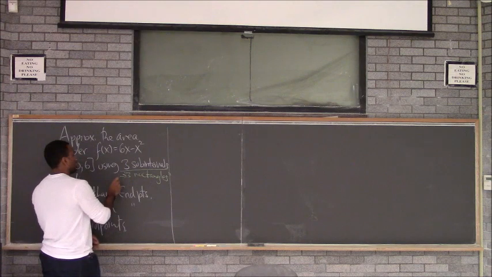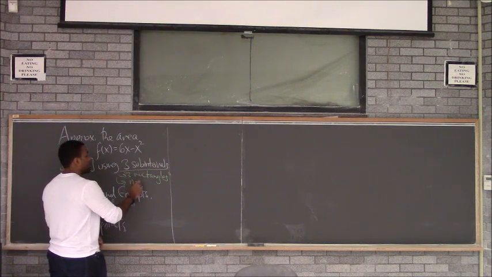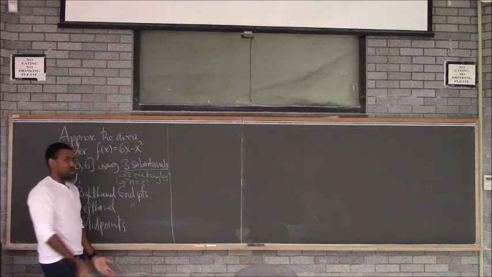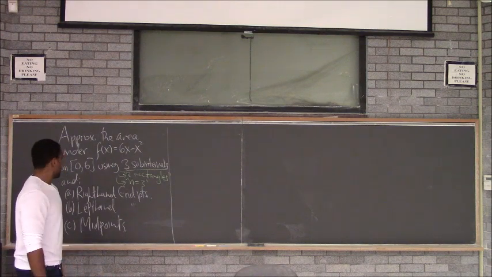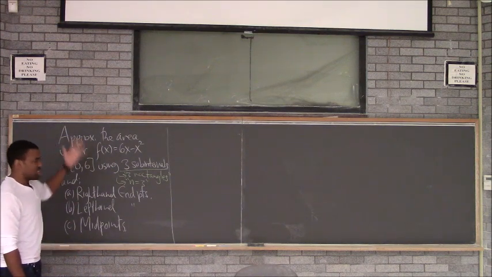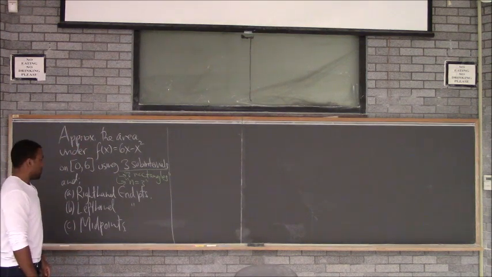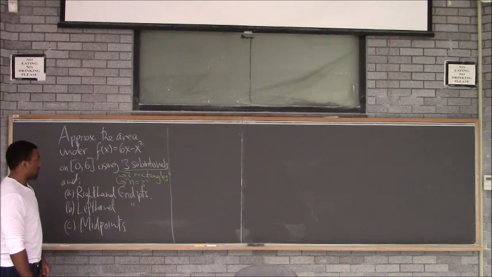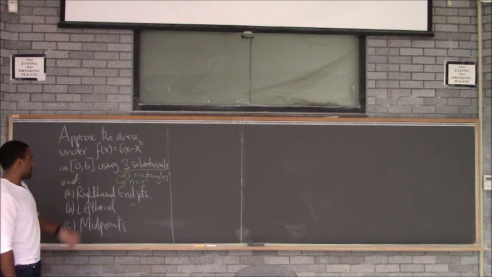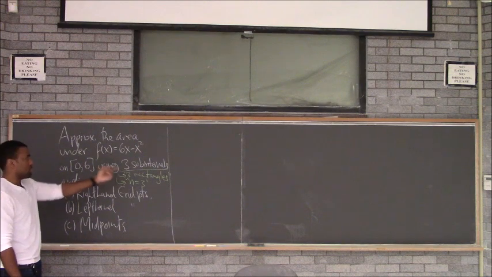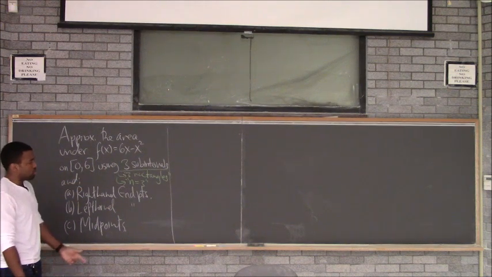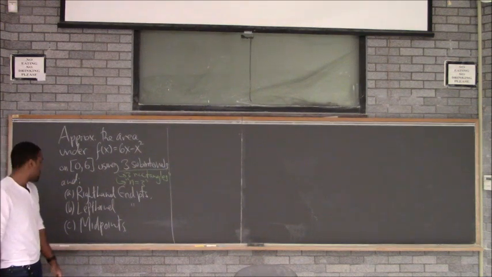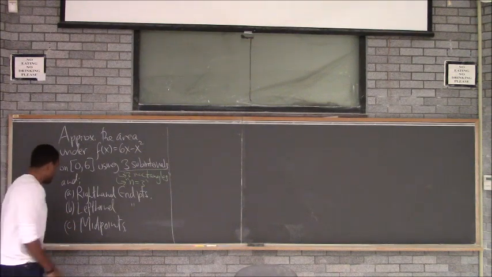Or they might say using n equals 3, and they'll expect you to know what that means. Otherwise, the question is going to look pretty much like this one: approximate the error under some curve on this interval using three subintervals, or three rectangles, or n equals 3, and one of these methods.